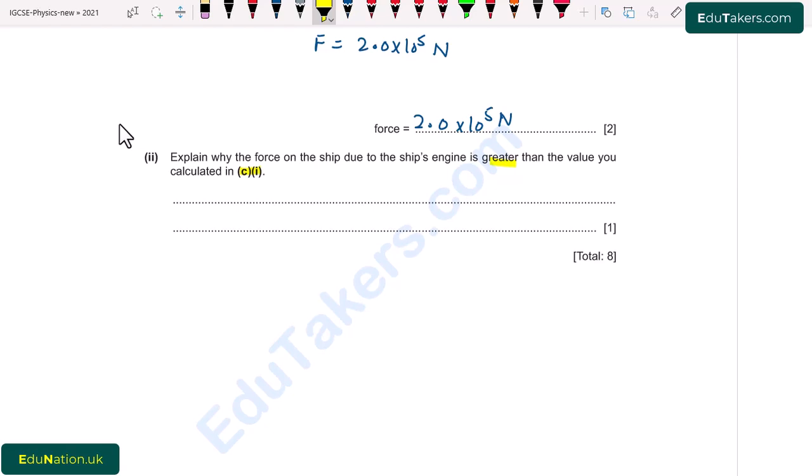And in order to overcome this water resistance, the ship has to produce some extra force. So this force that is due to the ship's engine must be greater as compared to that we calculated in part 1. I write here, there is a backward force due to the water resistance.